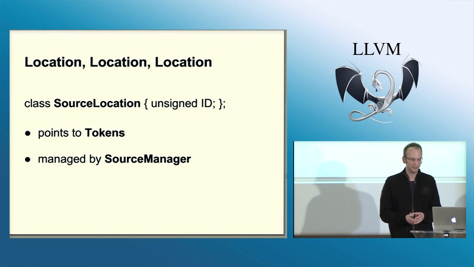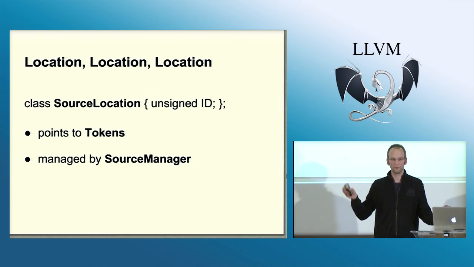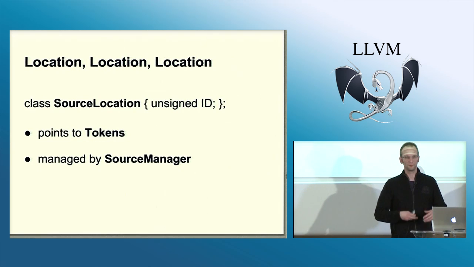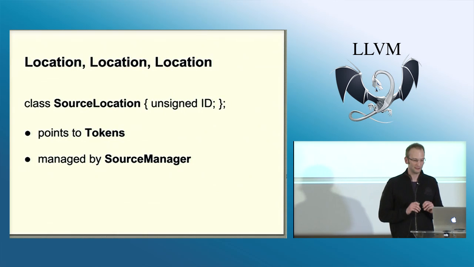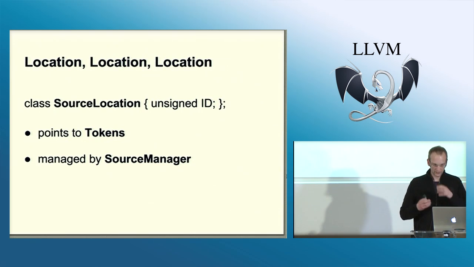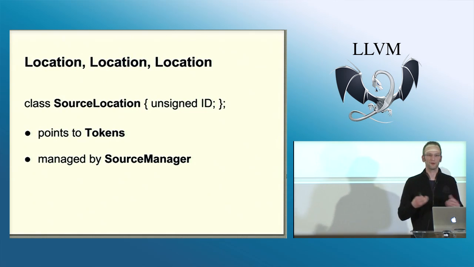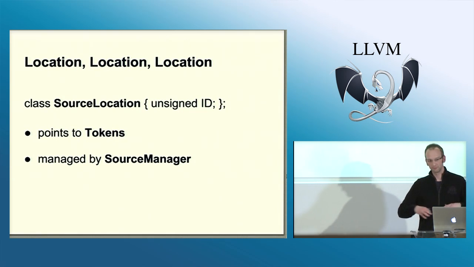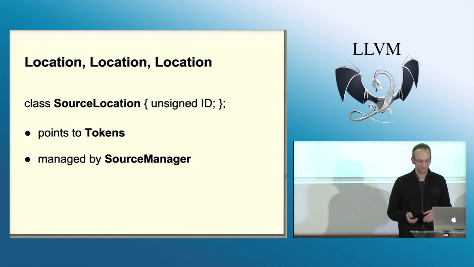Locations are just an ID, and the real information behind those locations is stored in the source manager, because there are so many locations all over the AST, you don't always want to store the full line and column information. They are very cleverly encoded in this ID, so common operations are very fast, and you always point to tokens because you have a lexer, so if you point to tokens, you can always get the information about the length of a token later.